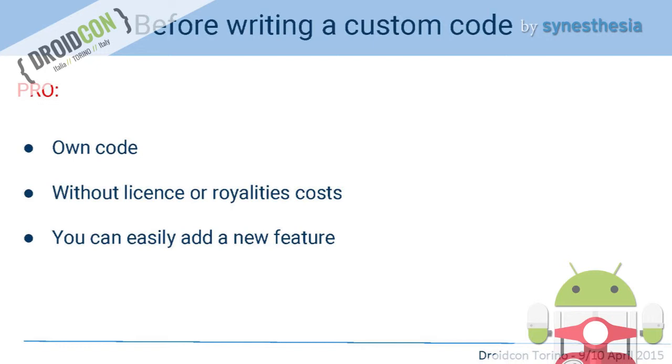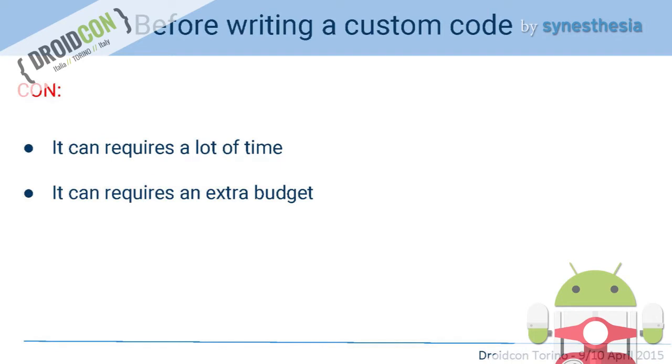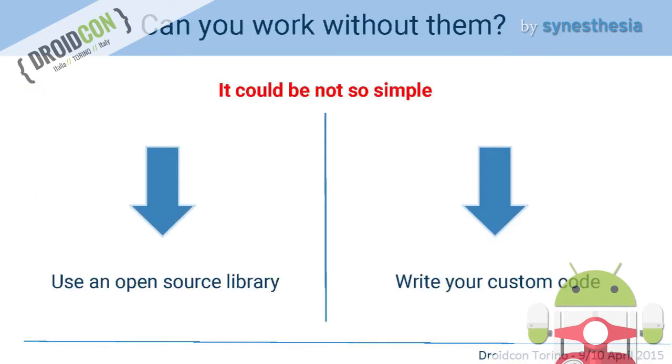You are without license and royalty costs, for example. On the other hand, it can require time. It means that it requires resources and maybe an extra budget. Check if you have this extra budget in terms of time and in terms of cost.